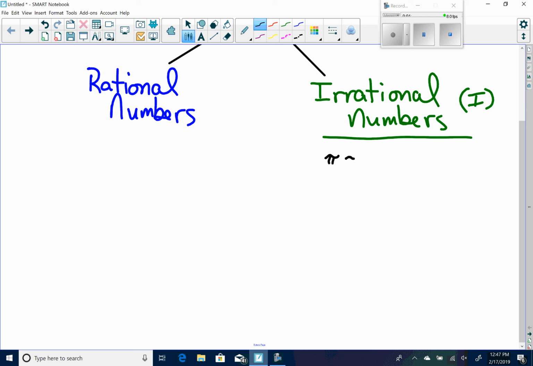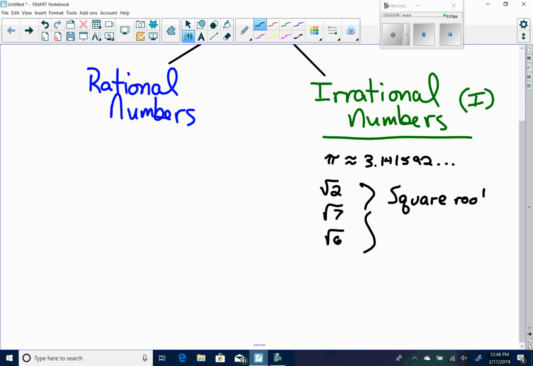And that's because right now, we just approximate it mostly at 3.14, but it goes a little further, 1592, and so on. Could be the square root of 2, the square root of 7, even the square root of 6. I just like to describe these as the square roots of non-perfect squares.